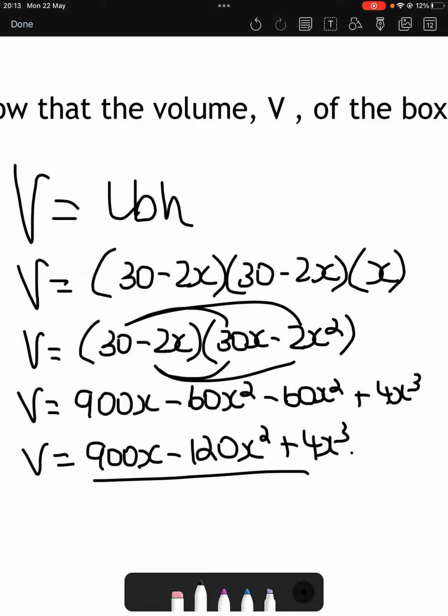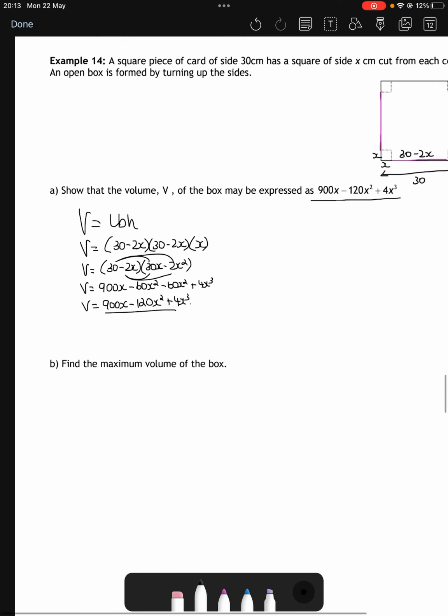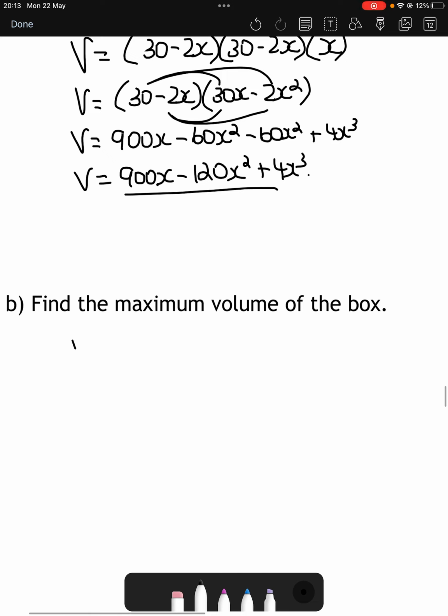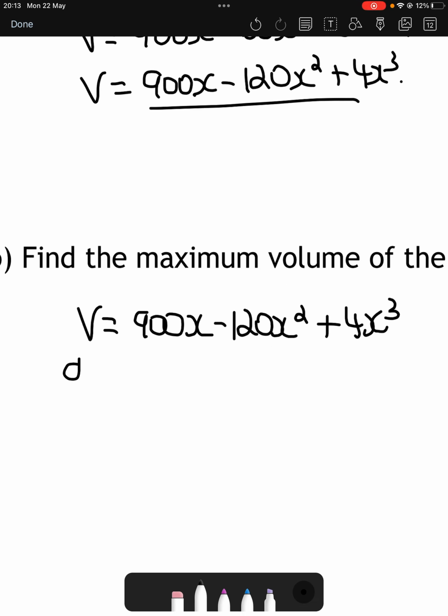Okay, now obviously if you can't get this answer, you just take it, and we work through part B, find the maximum volume, right? So the volume we know is this. We're going to differentiate it. You could do v dashed of x, you could do dv by dx, it's up to you.